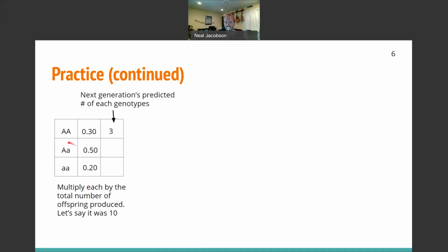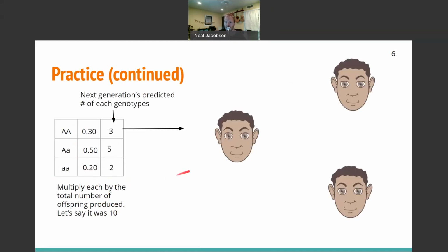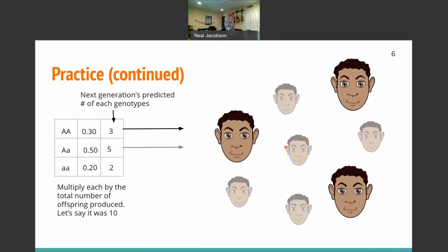The heterozygotes, if they're appearing at 50% in the population, you would expect half of the 10 to be heterozygote, so that would be 5. And then for the homozygous recessive, same thing. Multiply that by 10, you get 2. And so that's how many of each genotype we would expect to see. So we would expect to see 3 big-headed people, 5 normal-headed people, and 2 small-headed people in the next generation.